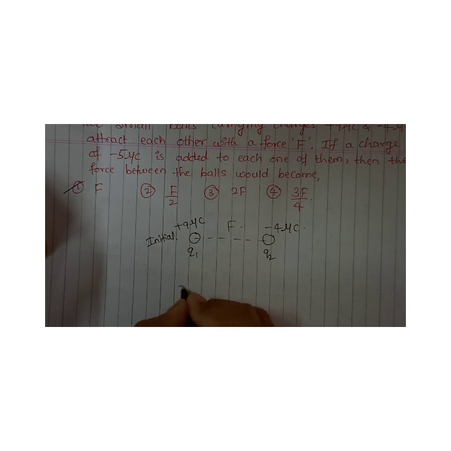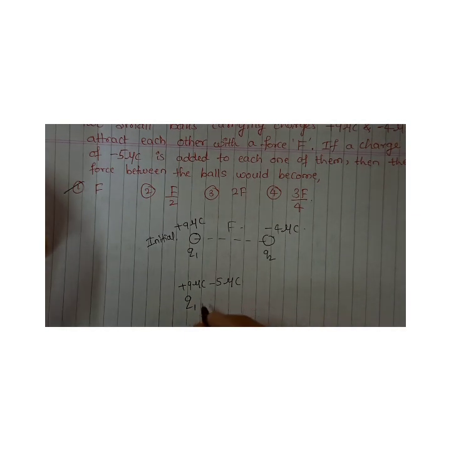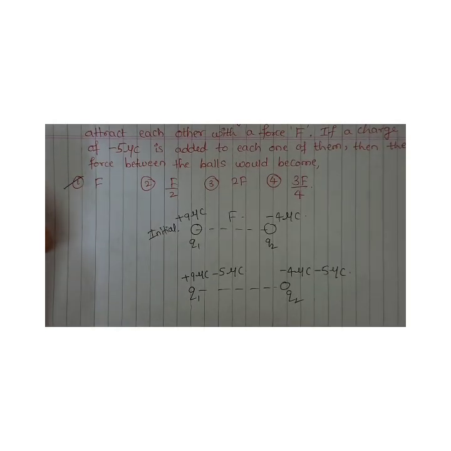Then Q1 becomes how much? Plus 9 microcoulomb plus minus 5 microcoulomb. And what about Q2 charge? Minus 4 microcoulomb, adding a negative charge, you are taking minus 5 microcoulomb, right? So here you have to calculate what would be the F.